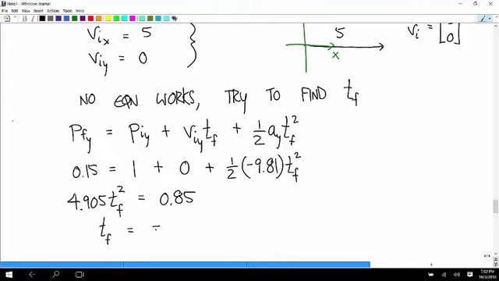So TF is equal to plus or minus. Can someone calculate that? So divide 0.85 by 4.905 and then take the square root. 0.416 seconds, and we want the positive one.